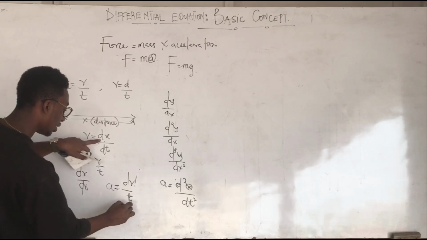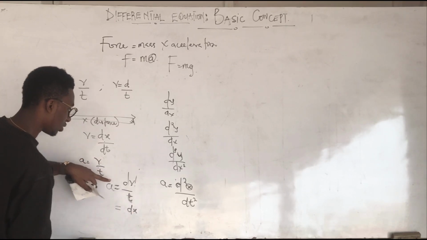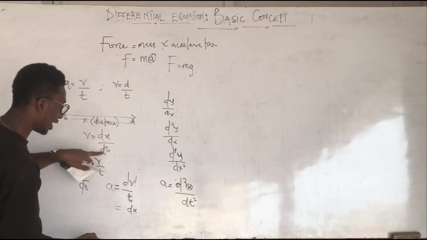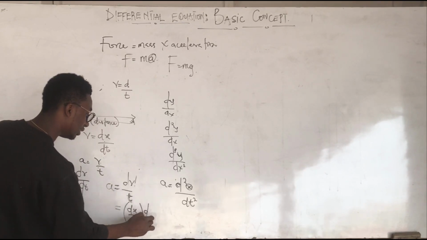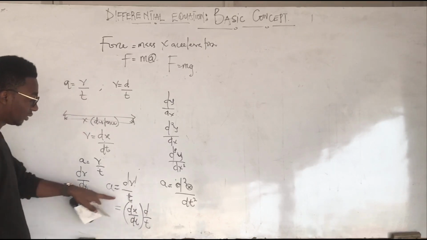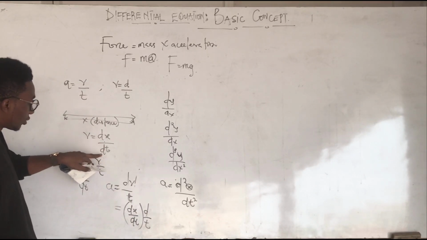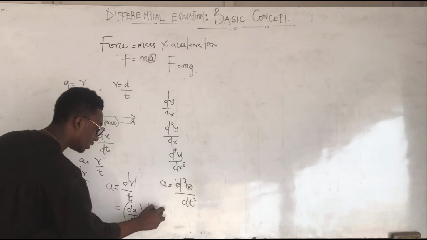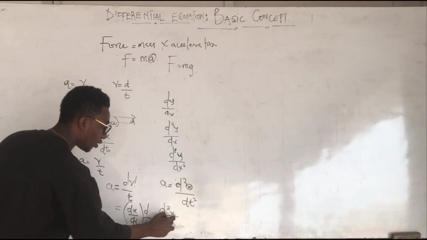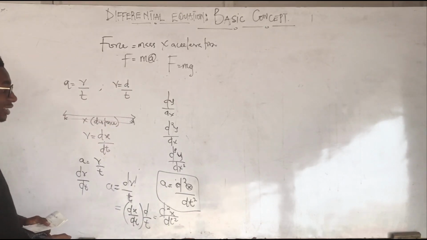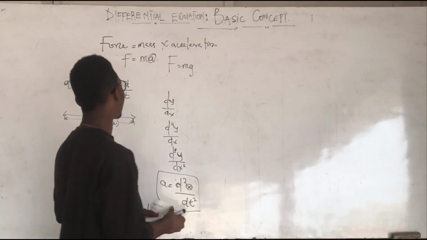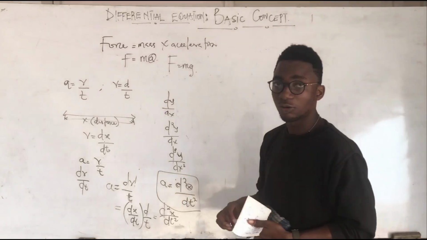The v here is dx over dt, because v is x over t. So now when you do this, you are getting d squared x over dt squared, and that is what I place here. So that will give the acceleration. Okay. Now with this understood, this is just a basic concept.